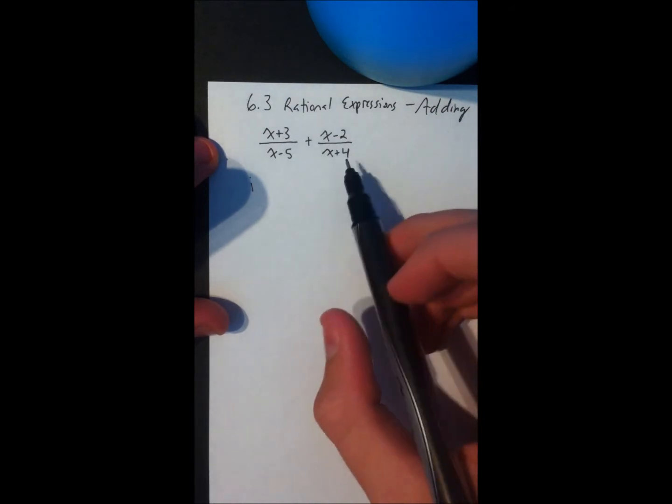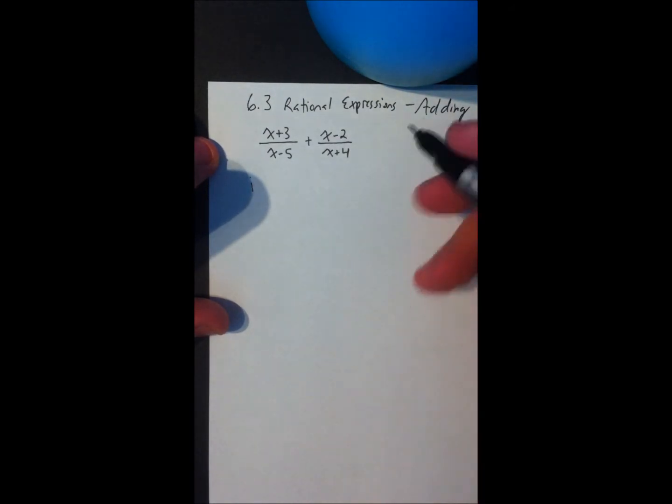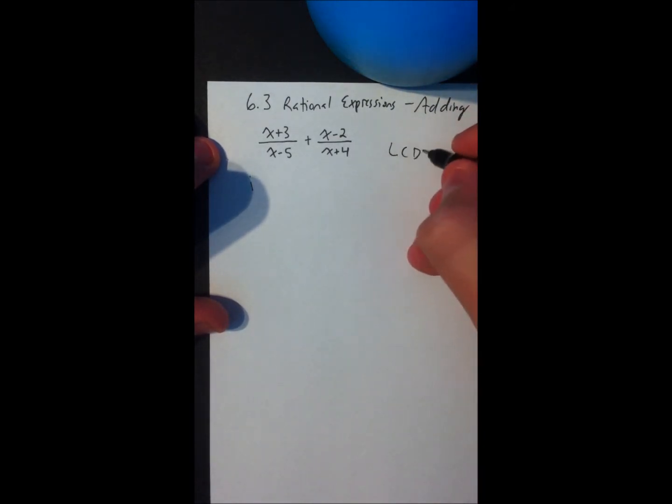What's common with x minus 5 and x plus 4? The lowest common denominator would be x minus 5 and x plus 4. Just multiply them together.